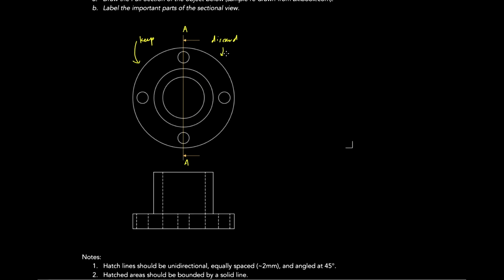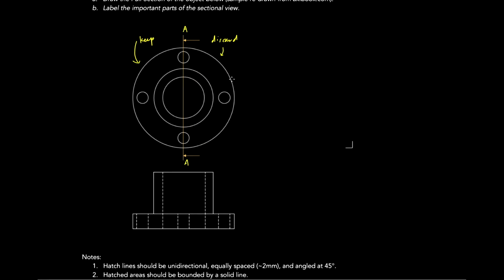That's how we imagine it: we take our object, slice it along this AA cutting plane, keep the section where our arrows are pointing, and the other section on the opposite side will be discarded.